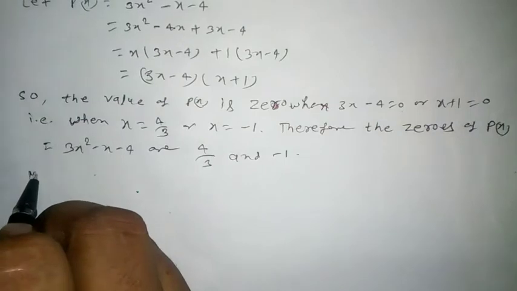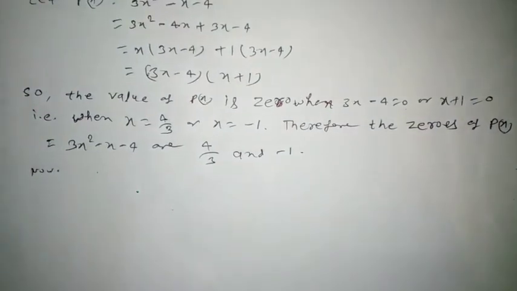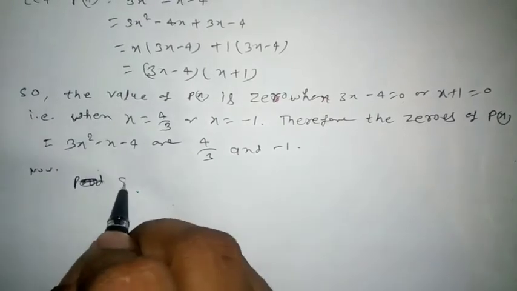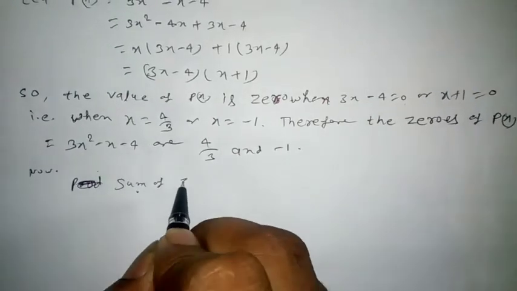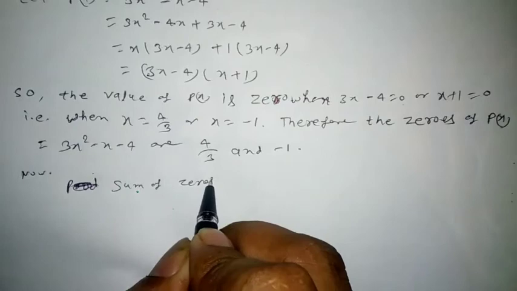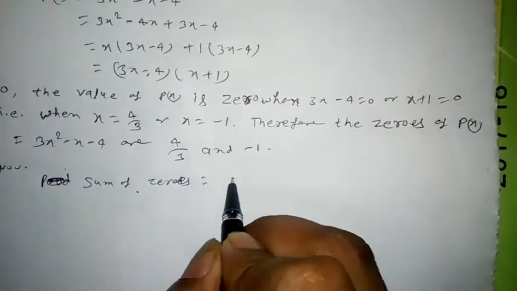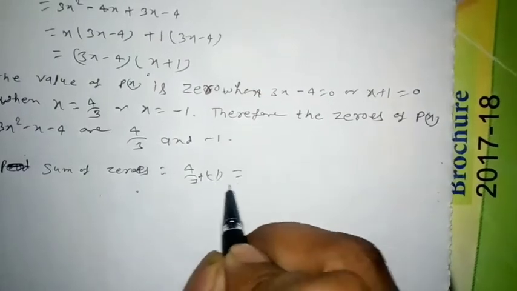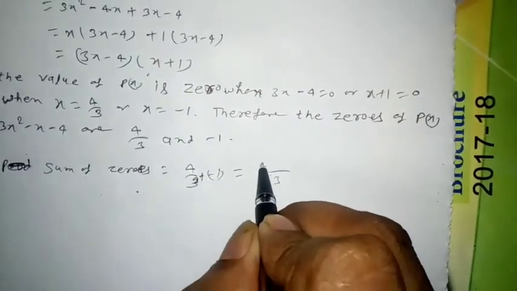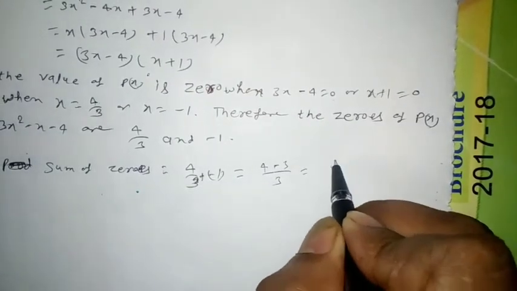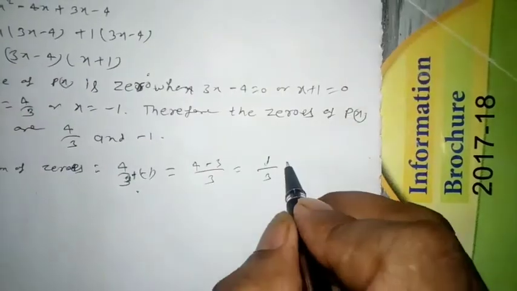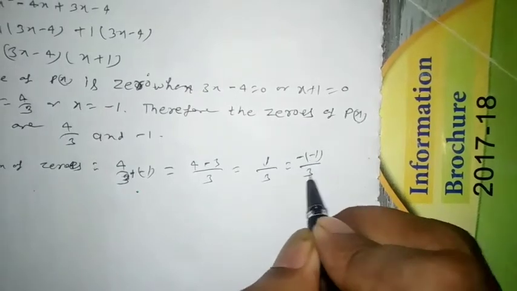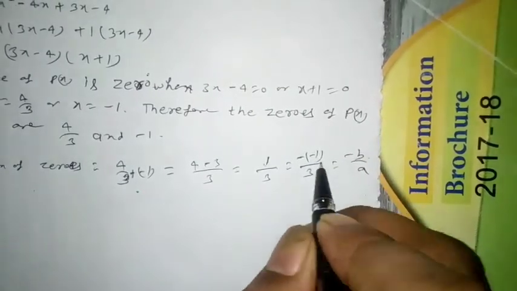Now verify. Sum of zeros is equal to 4 by 3 minus 1 is equal to, LCM 3, 4 minus 3 is equal to 1 by 3, which is equal to minus of minus 1 by 3 is equal to minus b by a.